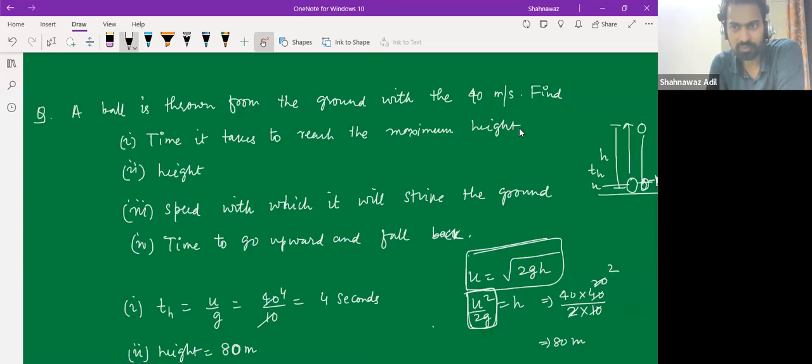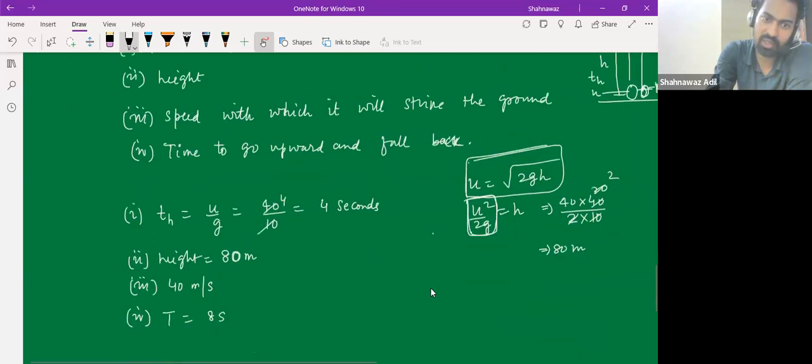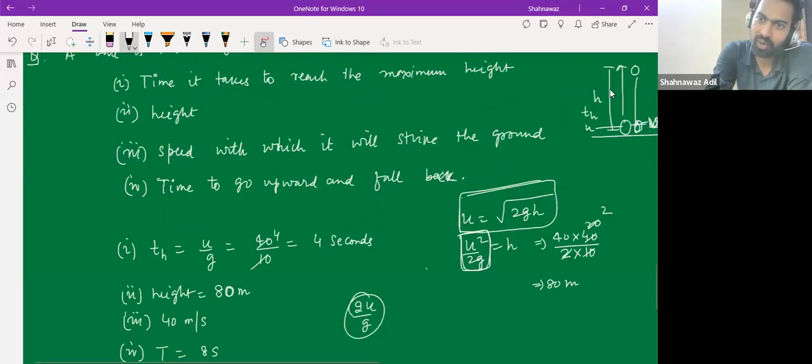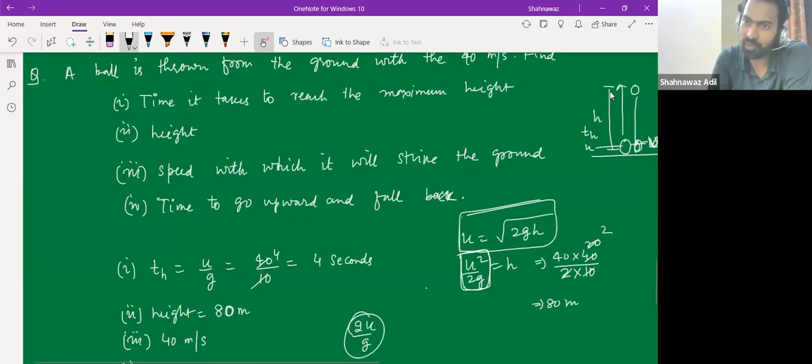Can you show how to do the fourth one? You saw that the total time is 2u by g. Or you can understand it this way: whatever time it takes to reach the top, it will take the same time to fall back. So T_H equals T_fall. T_H plus T_F is 4 plus 4, 8 seconds.